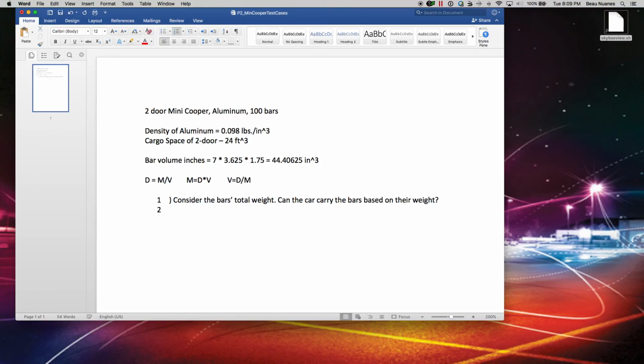So in order to figure this out, we need to know what the weight of the bars are. So first, let's figure out a single bar.